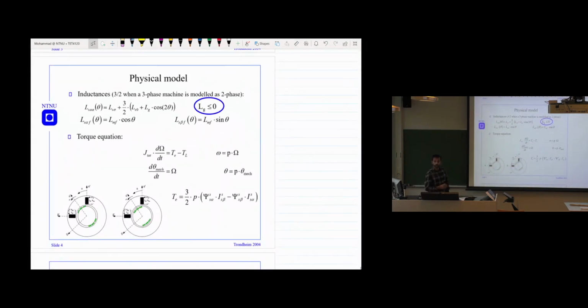And then we have the physical machine equation, this is Newton's law, a mechanical equation. If you remember, for a regular machine we have this Lg which is greater than 0, but now this is less than 0. It's because we are shifting the air gap. Before, we had the larger air gap in the q-axis. Now we have the smaller air gap in the q-axis. That's why we got this Lg less than 0. And we will discuss more about the impact of this later.